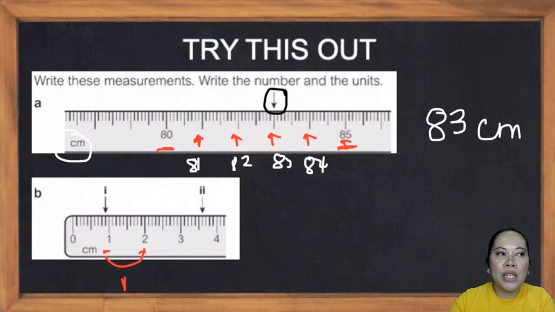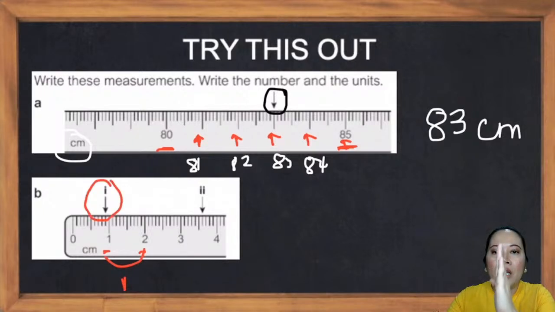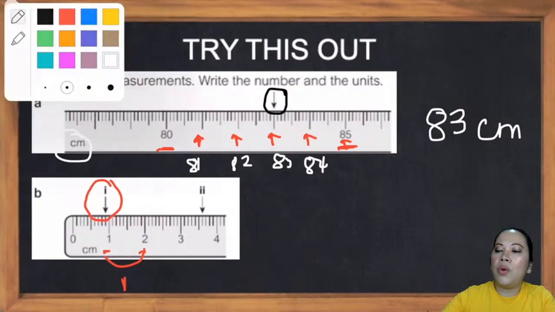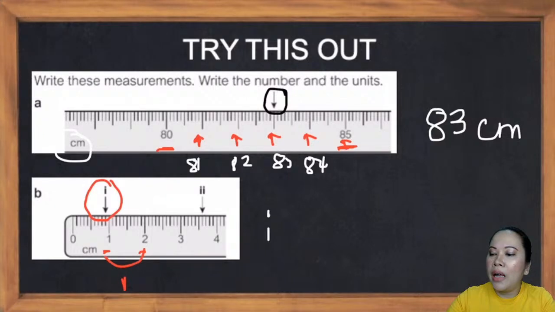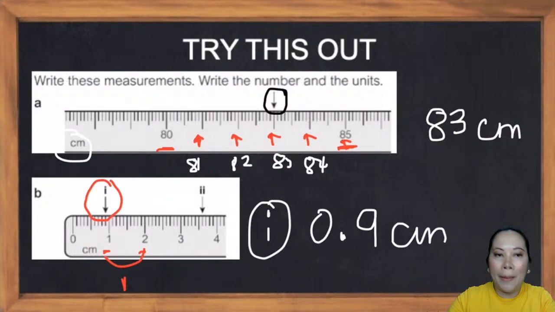Now, if you notice, the arrow here is before 1. It's the first line right before 1. Therefore, our measurement for I would be 0.9 cm. Okay, now the next one, this II here, is after 3.